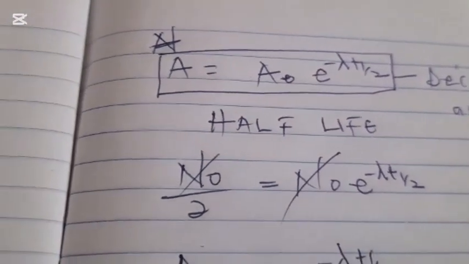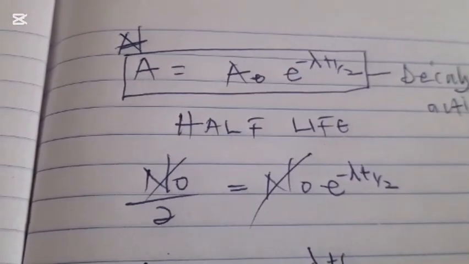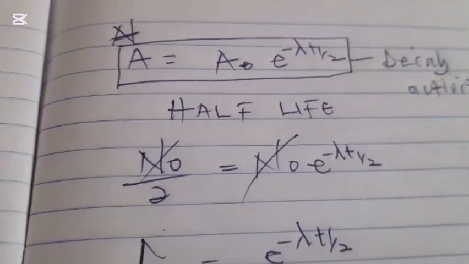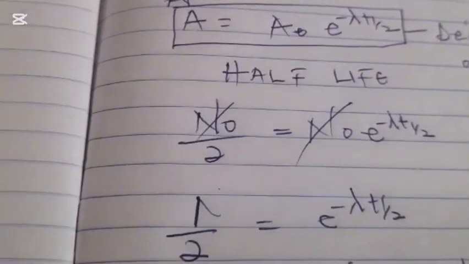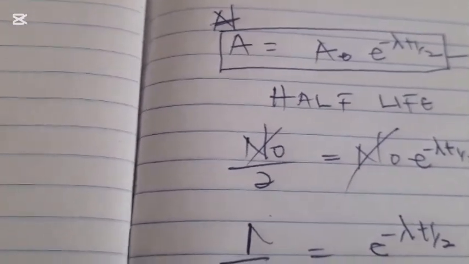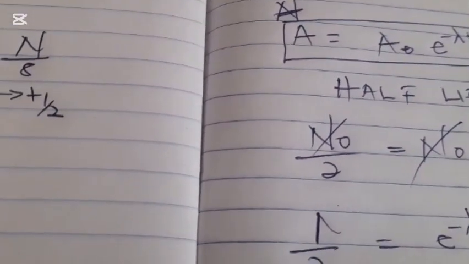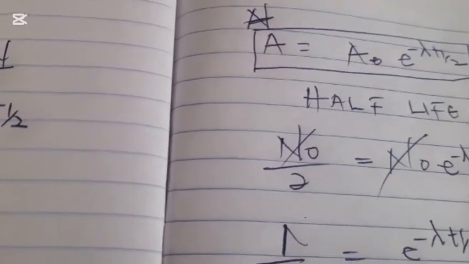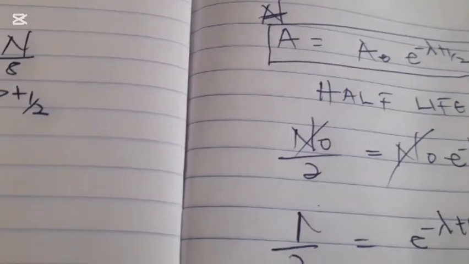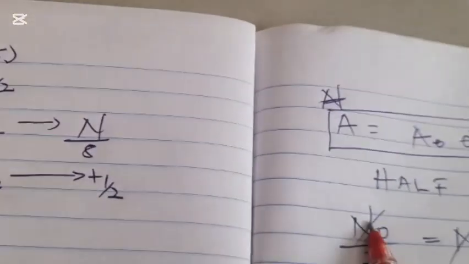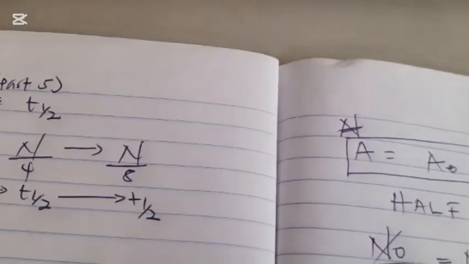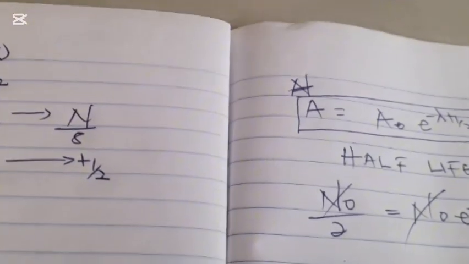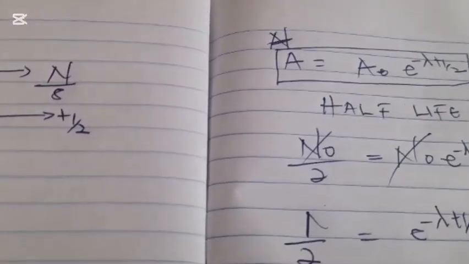Then now let's talk about half-life. Let's get the equation relating the decay constant and the half-life. When N is disintegrating from N naught to N, we can divide them, so the N naught here will cancel the N here. We have 1/2 is equal to e exponent minus lambda t half.